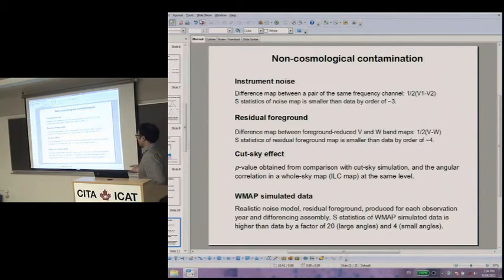We also checked the Planck simulated data, which include the realistic noise model, residual foreground, and non-radiometric effects. But the statistic of the Planck simulation is higher than data by a factor of 20 for large angle and by 4 for small angle. So it's not a systematic effect.